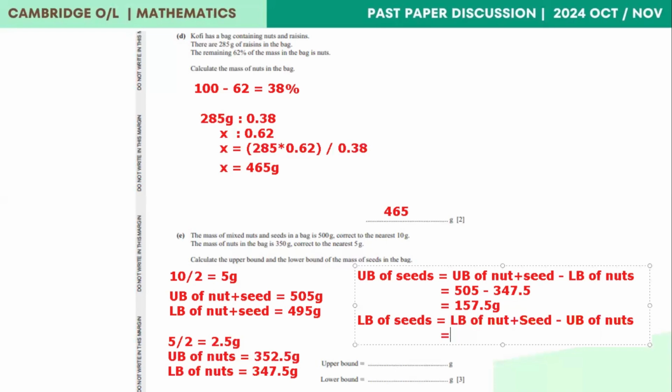So for the amount of nuts and seeds, we should use the lower bound, and we have to subtract a higher value. So we are using the upper bound of nuts. So lower bound 495 minus 352.5. That's going to be equal to 142.5 grams.